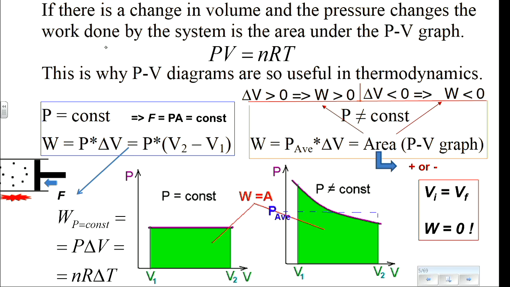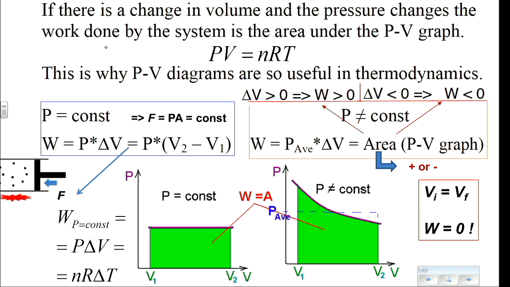So it turns out we can always calculate the work done by a system by calculating the area on this graph, the pressure as a function of the volume. So when the volume increases, like in this experiment, the system expands, it pushes on the objects around. So gas does positive work.